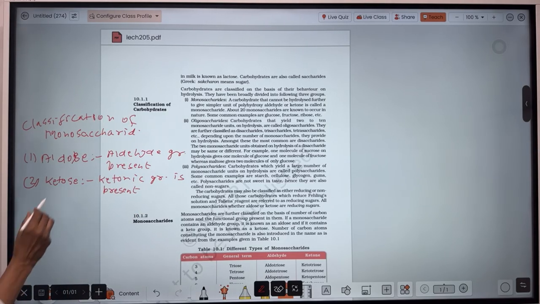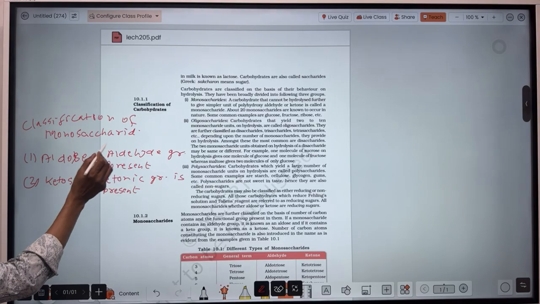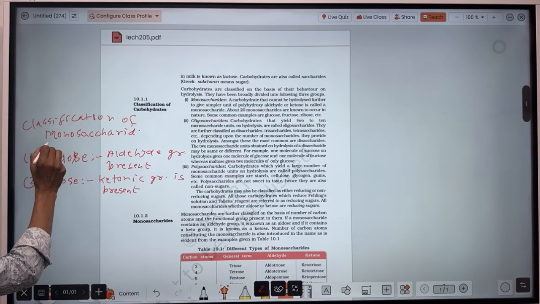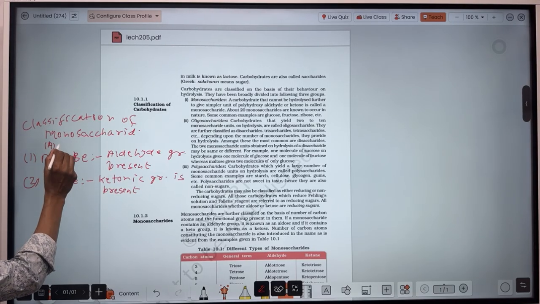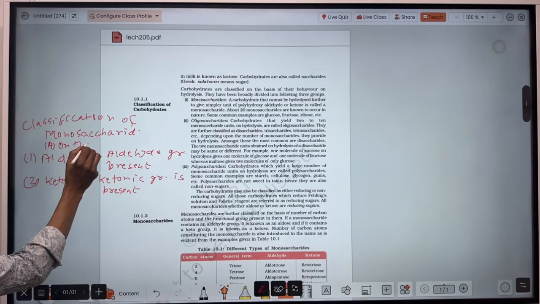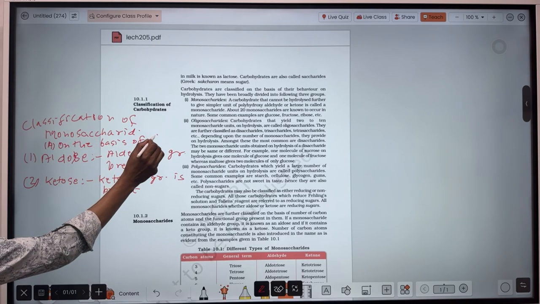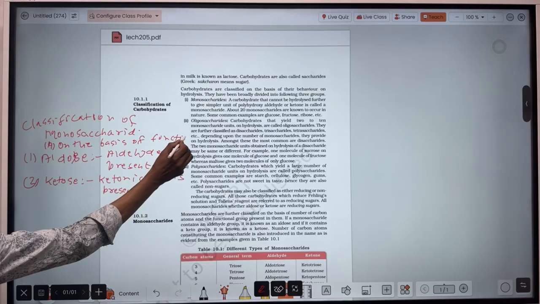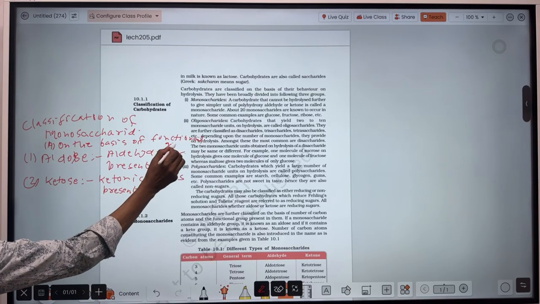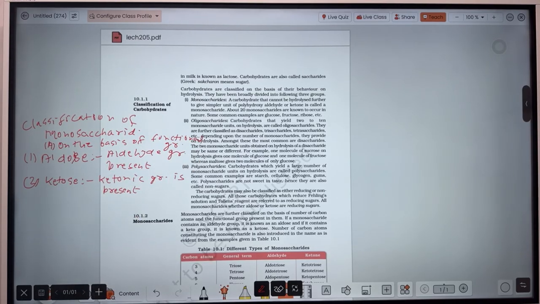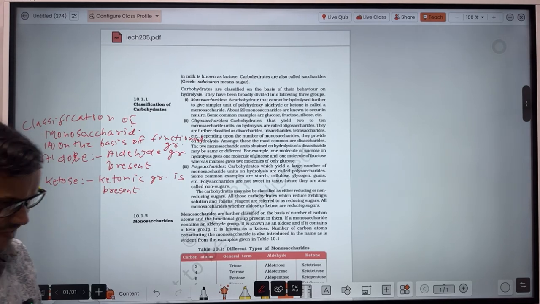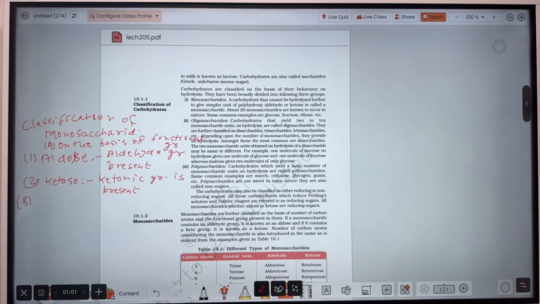The second classification is on the basis of number of carbon atoms, and that is triose, tetrose.